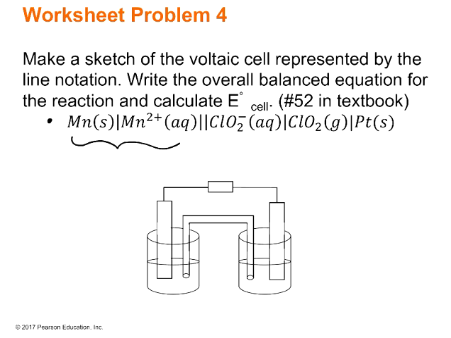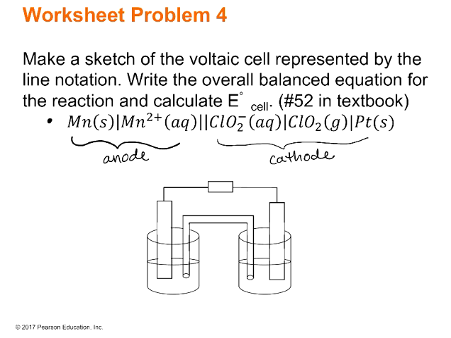Okay, so in my notes, I see. Okay. So then on the right-hand side, that represents the cathode. And that makes sense because manganese is losing electrons, so it's being oxidized, which is the anode.